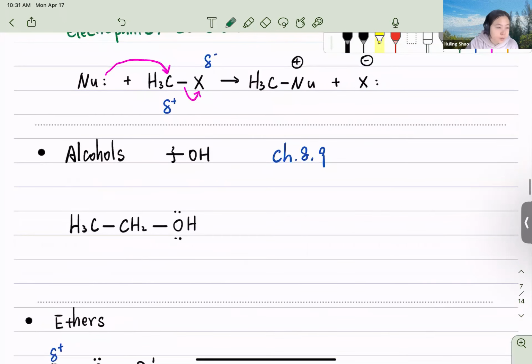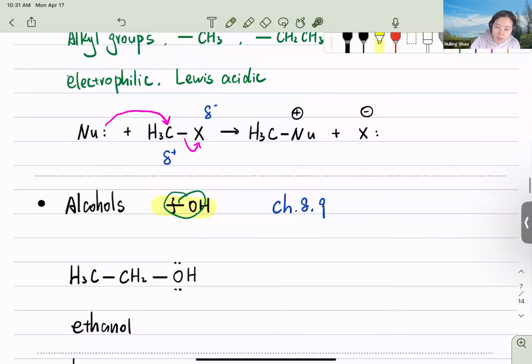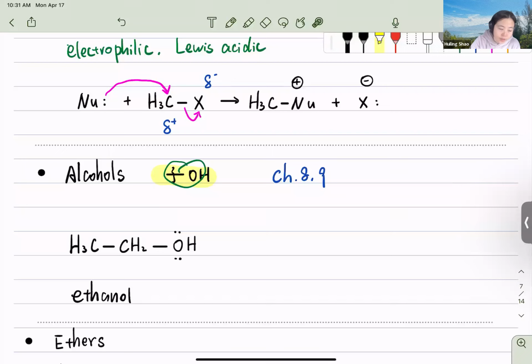Next up, alcohols. When we say alcohols, we have an OH group bonded to some species. An example here is ethanol, where we have an ethyl group bonded to an alcohol. So let's look at this ethanol and think about what the possible reactive centers of ethanol are.